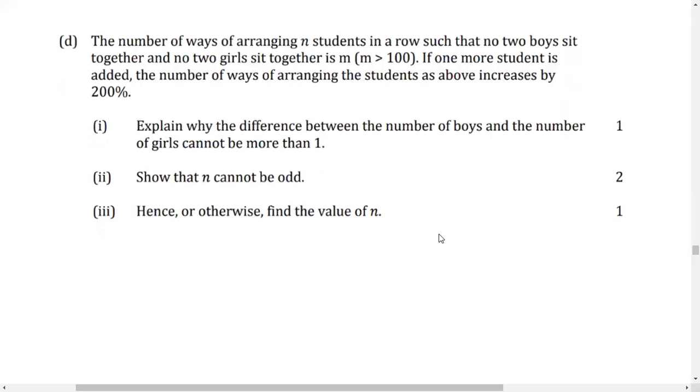Just think about this scenario. You've got a few seats. And let's say you had more boys than girls, and the difference was more than one. So let's say you had 3 girls and 5 boys, hypothetically.